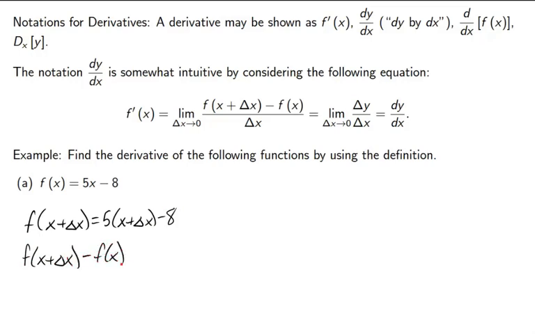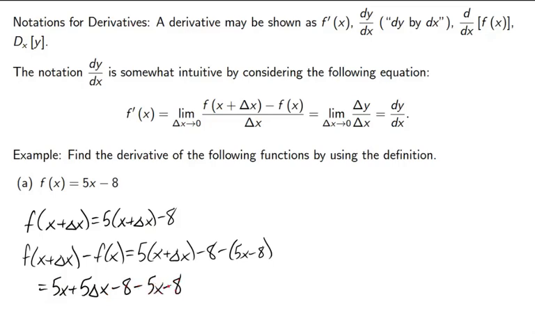Then the next line is f of x plus delta x minus f of x. I like to go ahead and tackle the numerator on the side. I get 5(x plus delta x) minus 8, minus the function, which was (5x minus 8). Notice the parentheses I just put. That's important because you have to subtract the whole thing. So I get 5x plus 5 delta x minus 8 minus 5x plus 8.